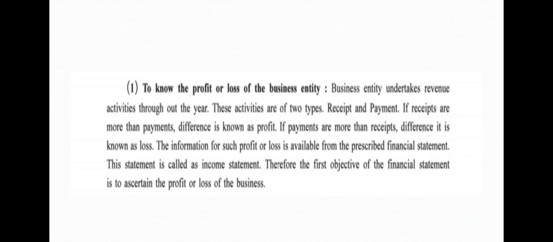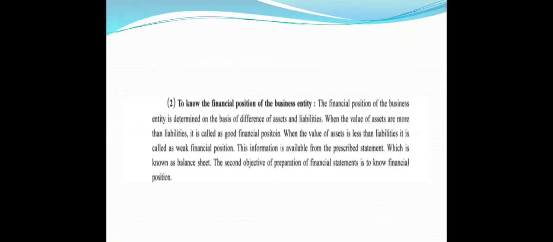Let us move to the second objective, which is to know the financial position of the business entity. The financial position of a business entity is determined on the basis of the difference of assets and liabilities.